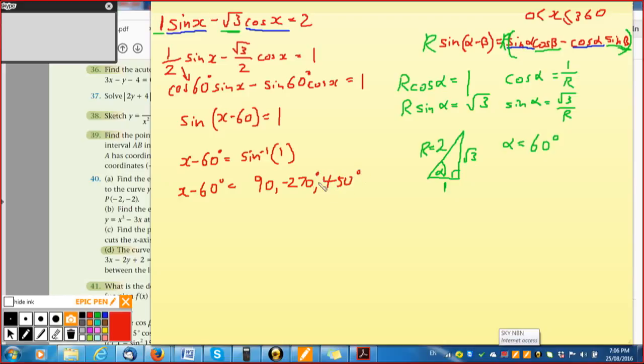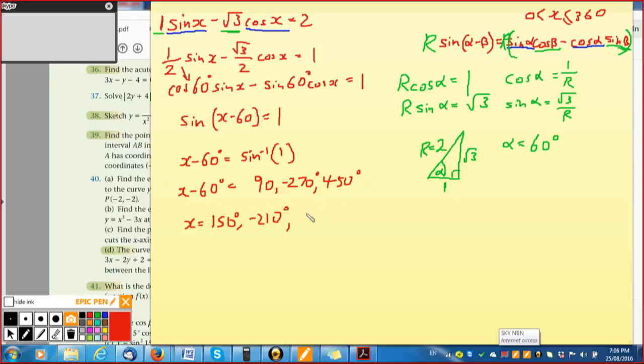Okay. All right. And they're just some examples of different answers that you can have. What would x be equal to? So it'd be plus 60. X would be equal to 150 because it's 90 plus 60. What else could it be? Minus 270 plus 60, which is minus 210. Got it?